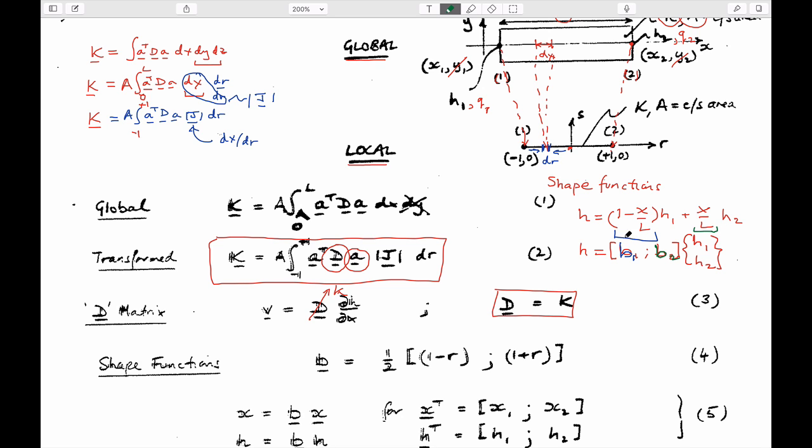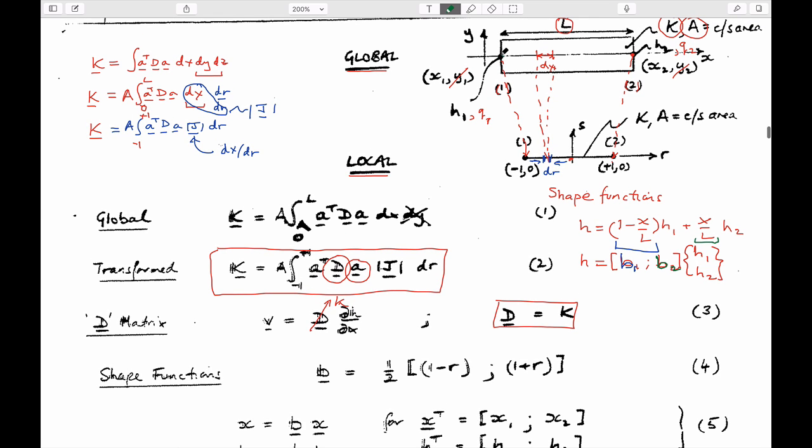And you can prove to yourself that this is right, because if you want to know what the head is at this particular point here, this is H1. So if you put x equal to 0 in this, then this term becomes 1 times H1 plus 0 times H2, and so it gives you H is equal to H1 at this point. Conversely, if you take this point here and you put x equal to L, then x equal to L gives you nothing here, and gives you 1 here.